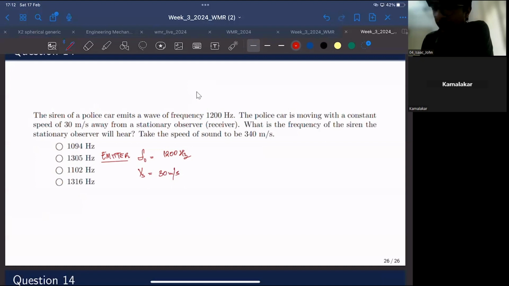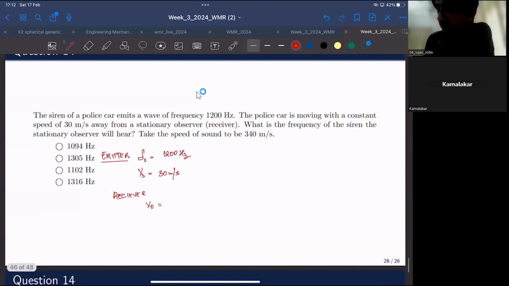And we also have some data about the receiver or observer. I'll call this receiver data. It says the car moves away from a stationary observer, so the observer velocity is 0. The receiver is stationary.